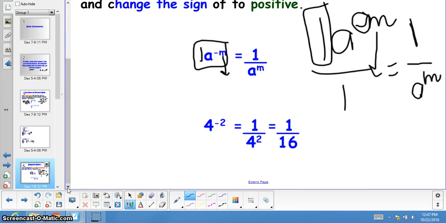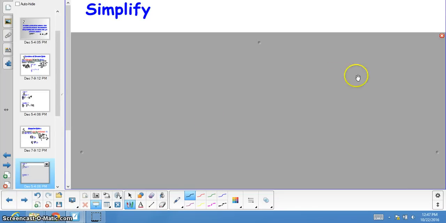Here's an example with numbers. 4 to the negative 2. Well, 4 doesn't have a 1 in front, but if we move it down, it leaves the 1 or creates a 1 because something has to be in the numerator. And then the 2 becomes positive, which equals 1 over 16. Let's try these couple of examples.